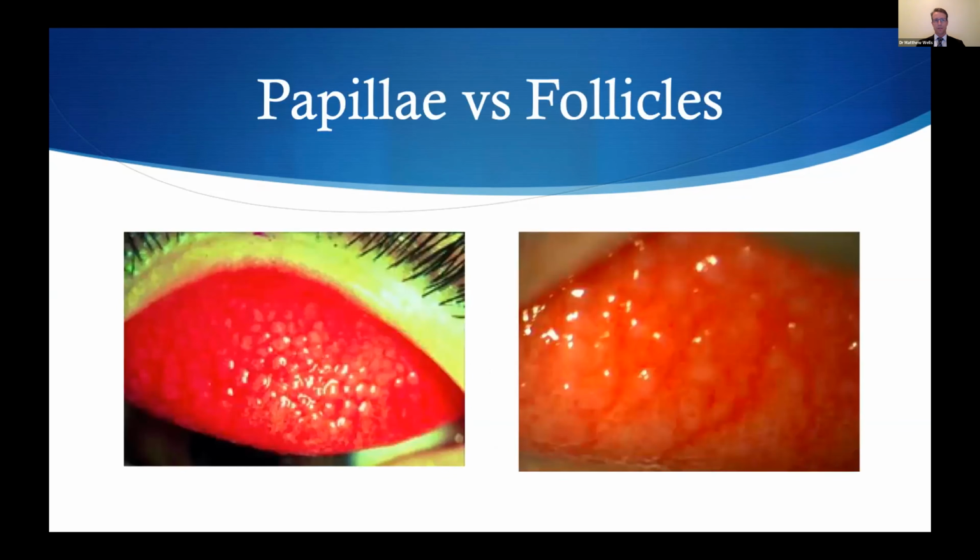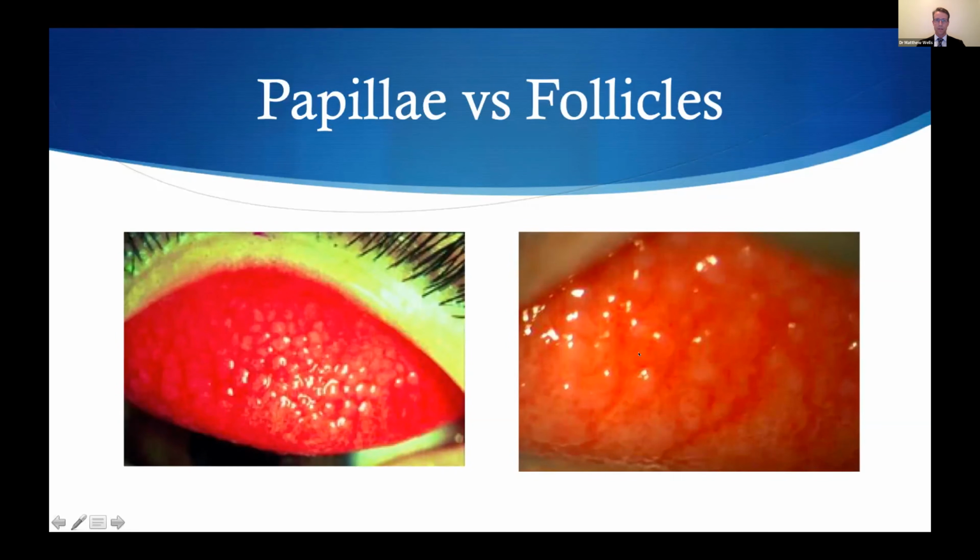So I guess this is one of the clinical pearls for tonight. Ophthalmologists like to make a big deal of distinguishing between papillae and follicles, and this is obviously a picture of two very inflamed upper tarsal conjunctivae. The picture on the left of the screen is of papillae, and the hallmark feature of the papillae is that they have these central blood vessels emanating from each of these little areas, and that's typically associated with allergic disease.